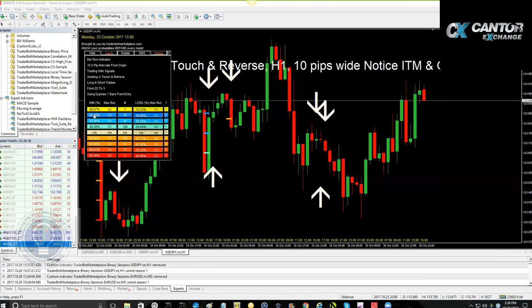If it comes all the way up here and touches this, it's going to reverse off of that and close profitable 60% of the time. I don't know that it will. I know the probability is that's what it's done in the past.